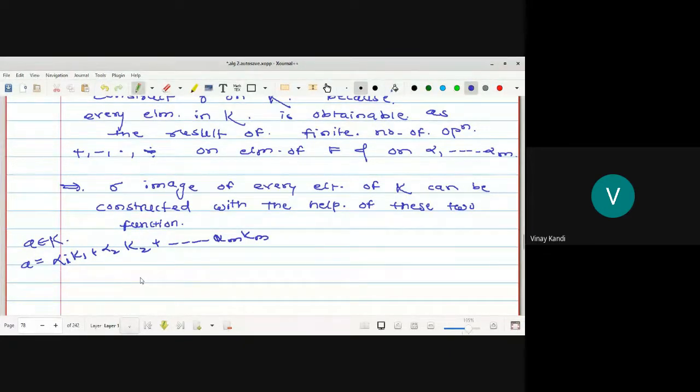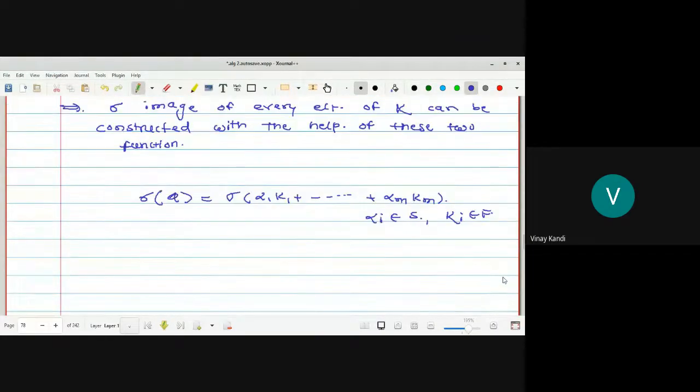That is, sigma of A is equal to sigma of alpha 1 K1 up to alpha m Km, where these alpha i's belong to S and K i's belong to capital F, which is equal to sigma of alpha 1 into sigma of K1 plus up to sigma of alpha m into sigma of Km.